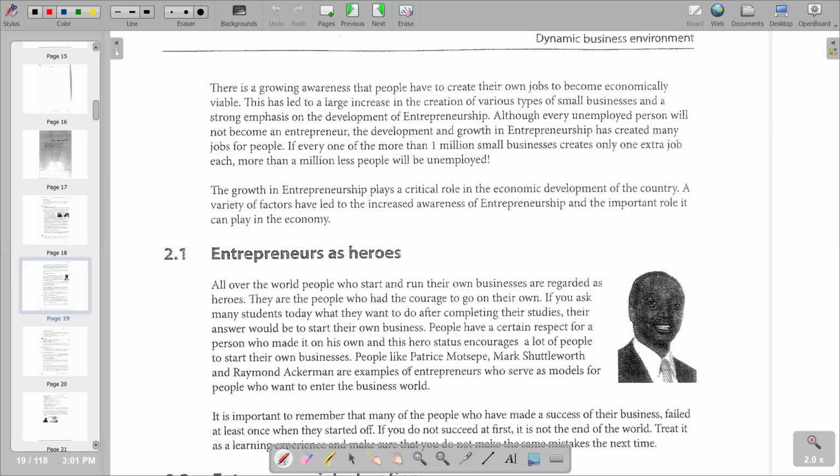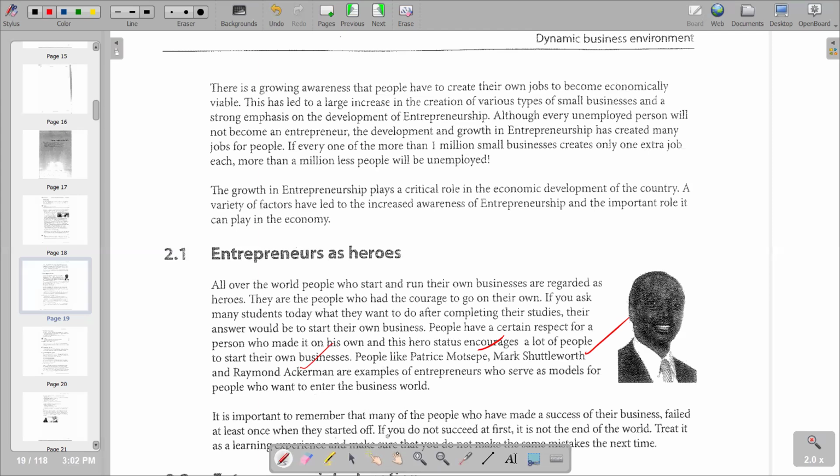We have examples like Patrick Motsepe, Mark Shuttleworth, and Raymond Ackerman, part of the examples of entrepreneurs in the South African economy who have motivated other people to start their own businesses and be entrepreneurs.